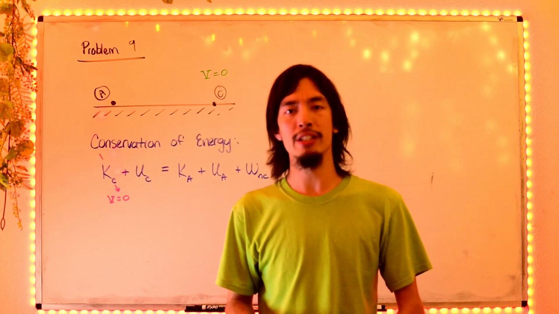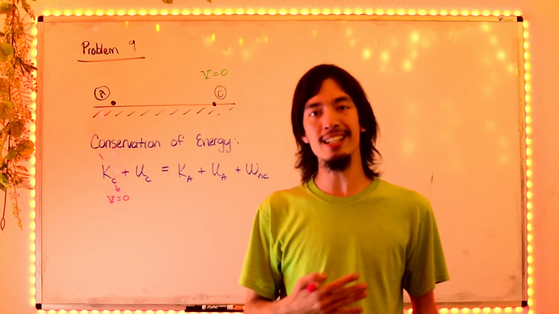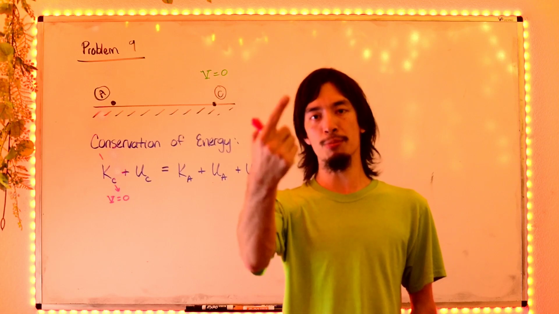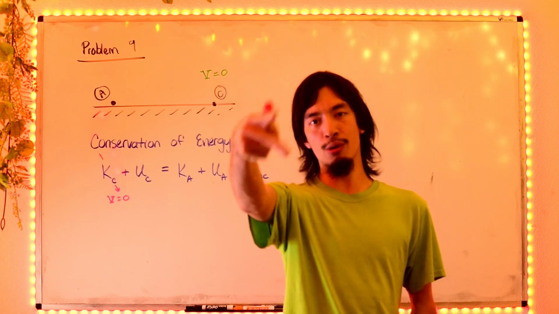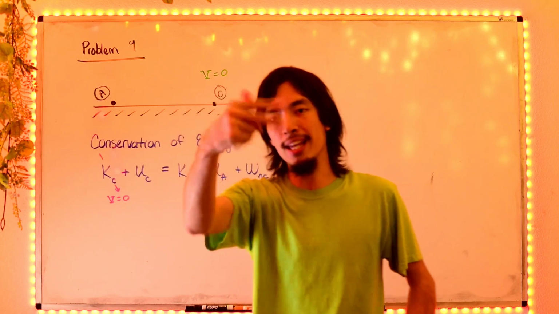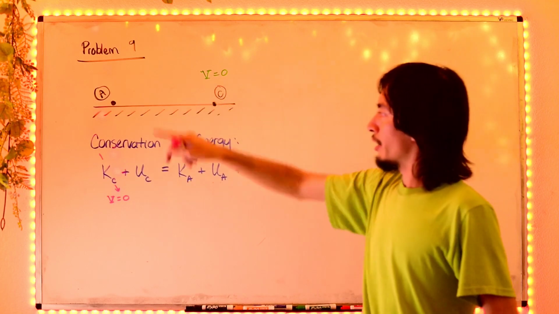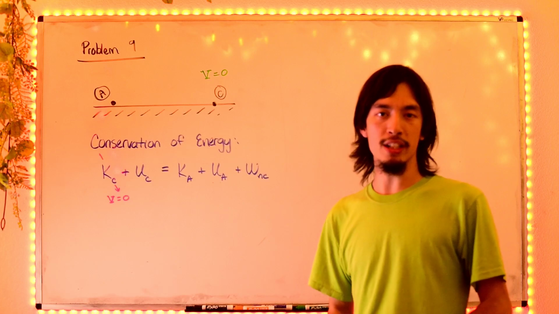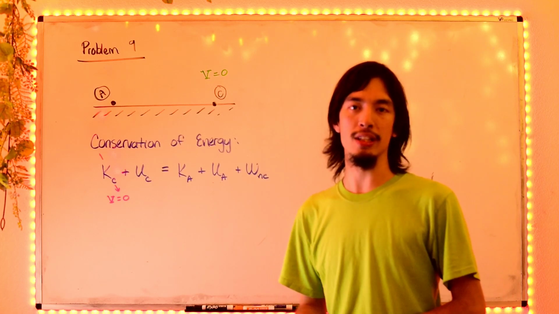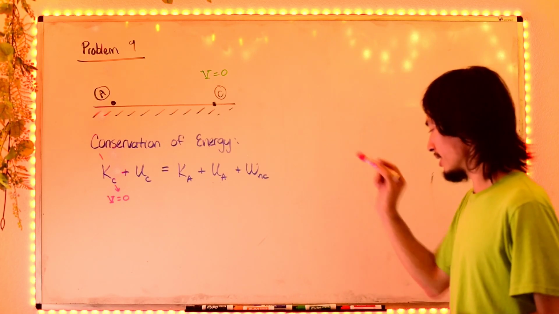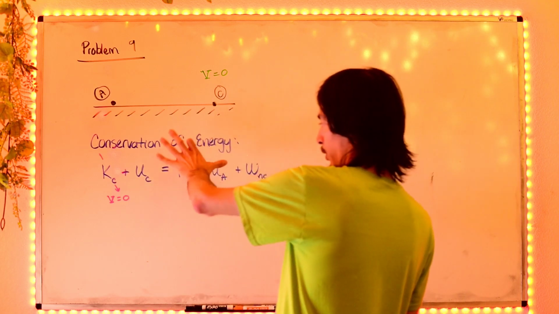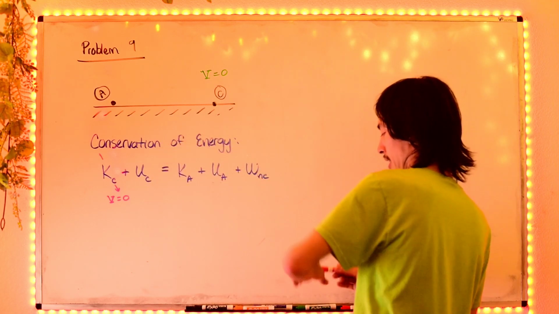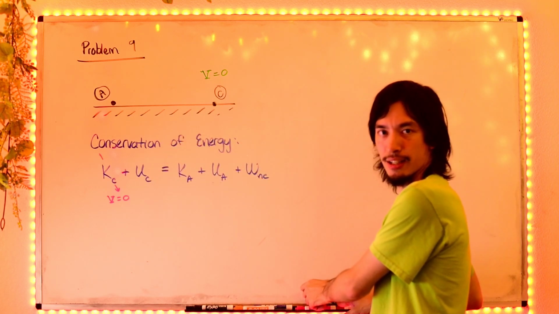Again, every time we talk about potential energy, we need to consider both types: spring potential energy and gravitational potential energy. But in this problem, there is no spring ever involved. So that means we're only going to talk about gravitational potential energy, which is based on the height.